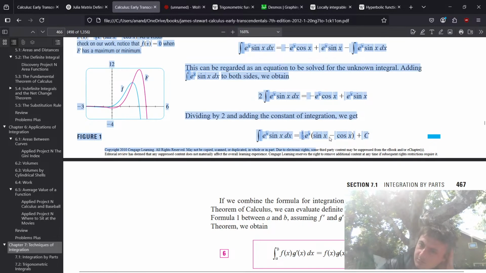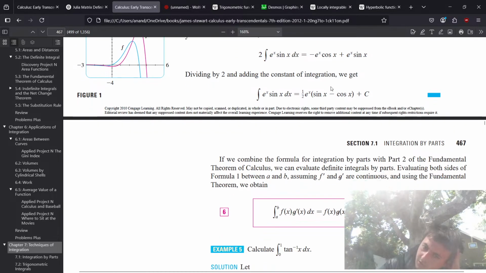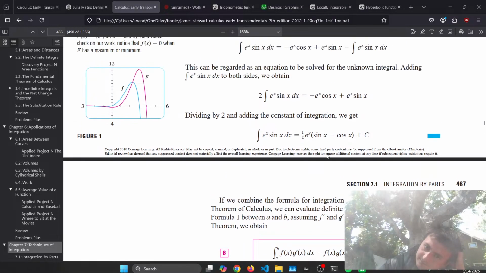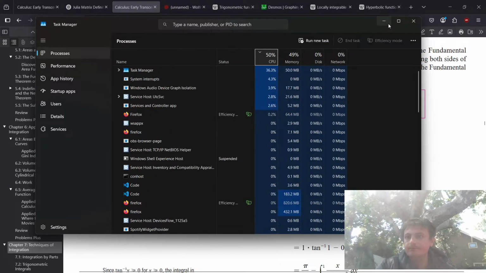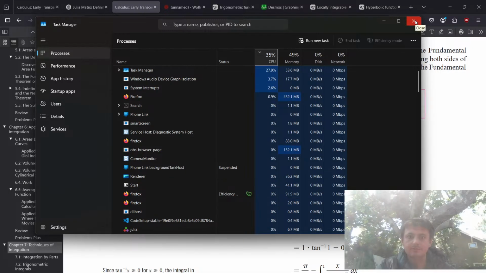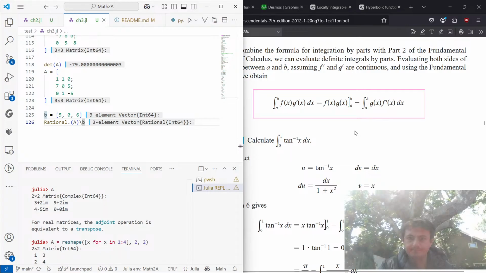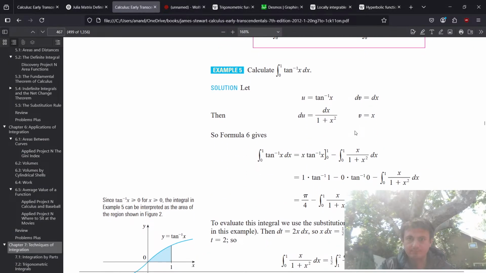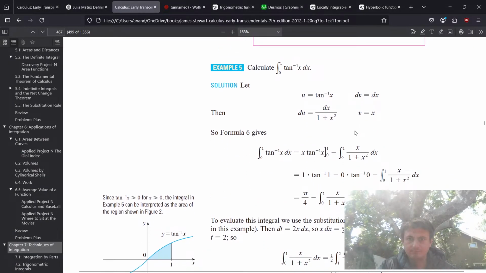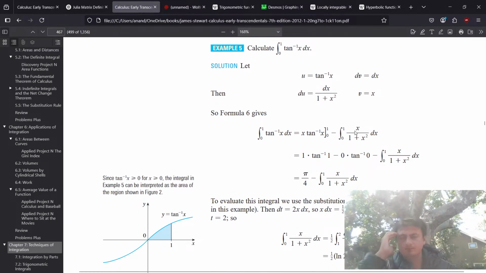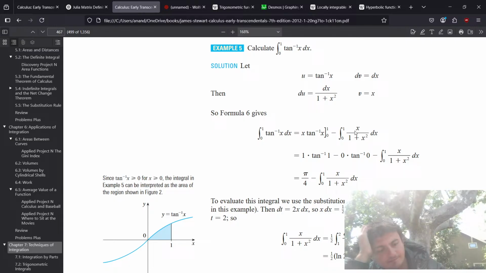Wow. All right, so I guess I do want some practice with those ones. When do you integrate by parts and when do you not?